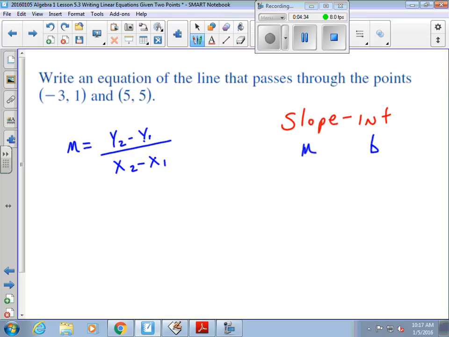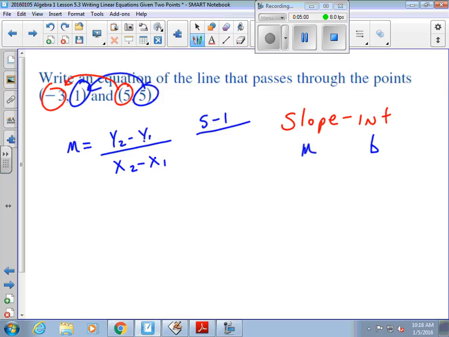Remember, I wrote the slope formula, but there's no reason for you to really memorize it because you know it's the change of y. So you know it's the change from this one to this one, or 5 to 1. Most of us go 5 minus 1, and we get the number 4 on top, over the change of x, this one to this one, 5 minus a negative 3.